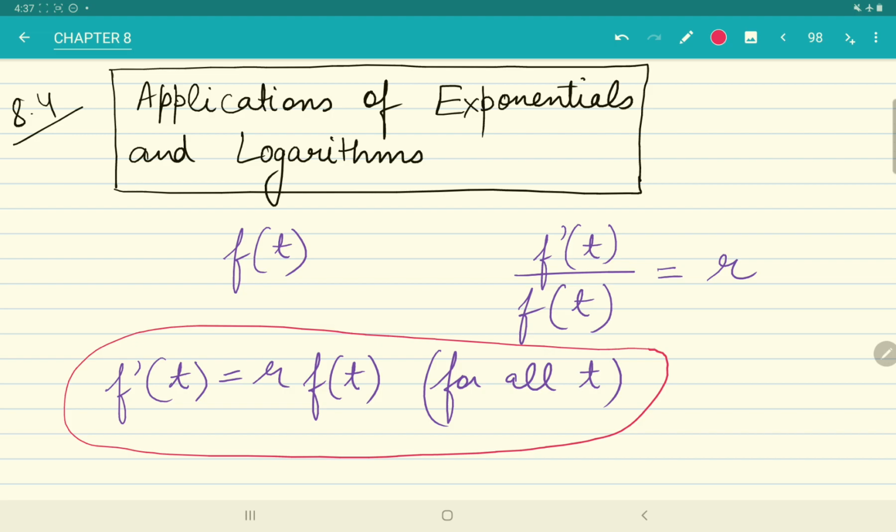Now the question is, which are the functions that have a constant relative rate of increase? Which are those kinds of functions?